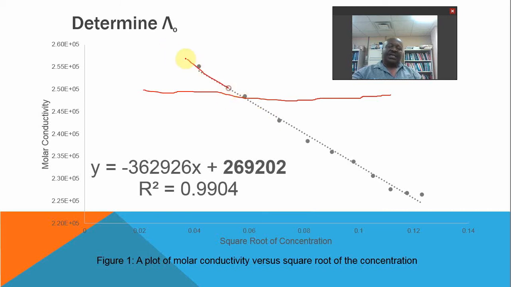If you were to extend this line all the way up to here, you have the conductivity at infinite dilution, where the ions are essentially not seeing or recognizing the presence of the other ions. So, in this case, if this is the plot and this is the equation of the line, here is lambda 0, the conductivity at infinite dilution.